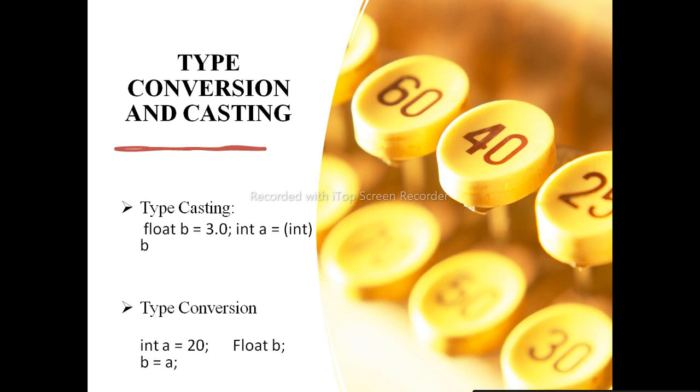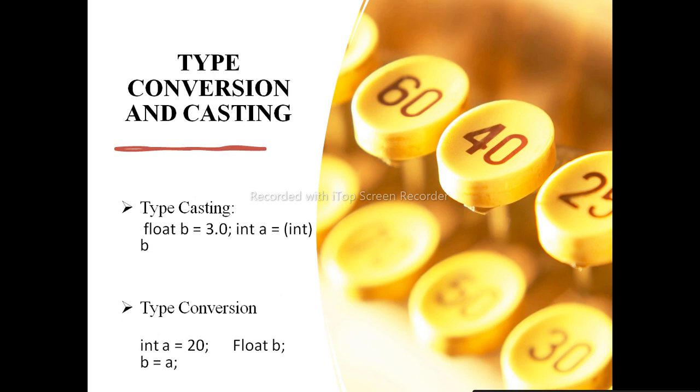And type conversion and casting. Type casting, or explicit casting. Here, see, float b = 3.0 and int a = (int) b.